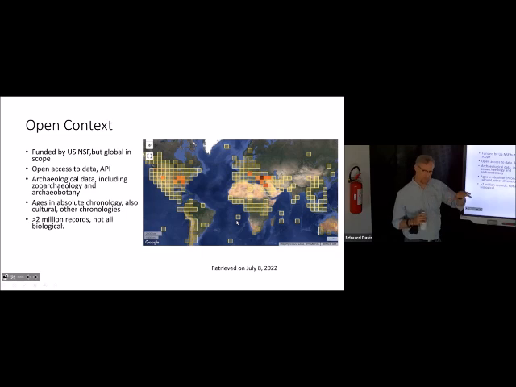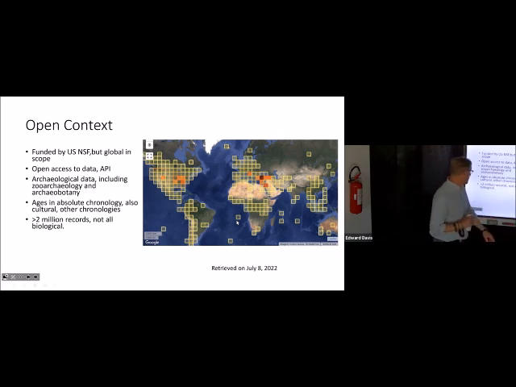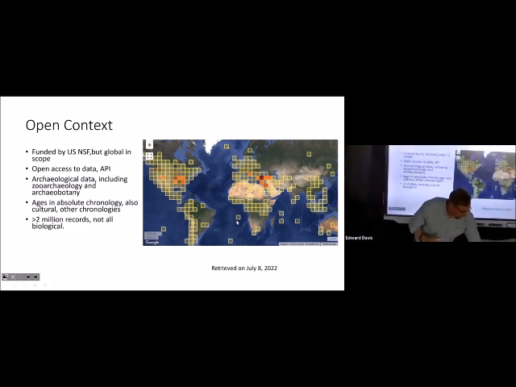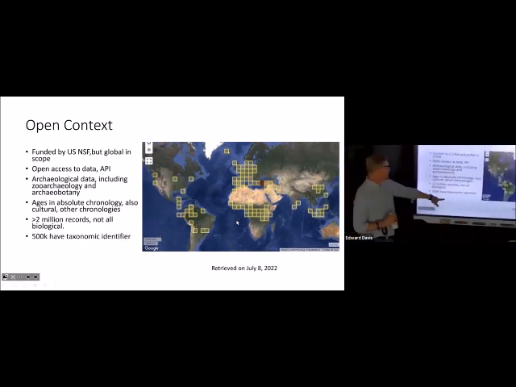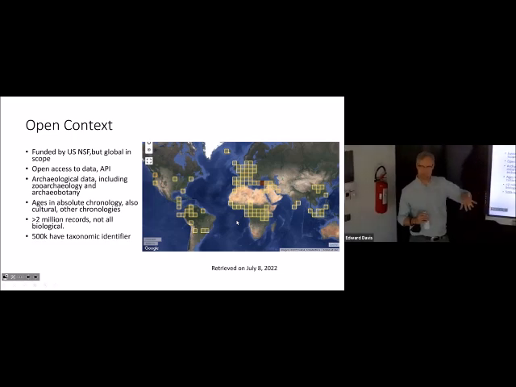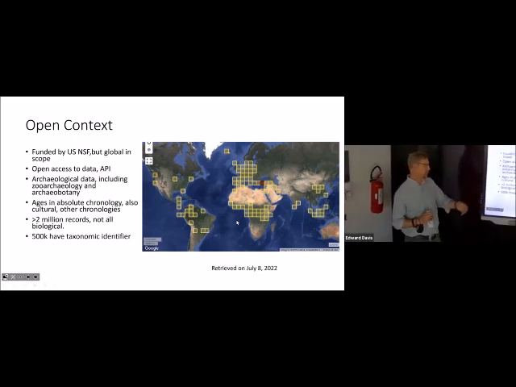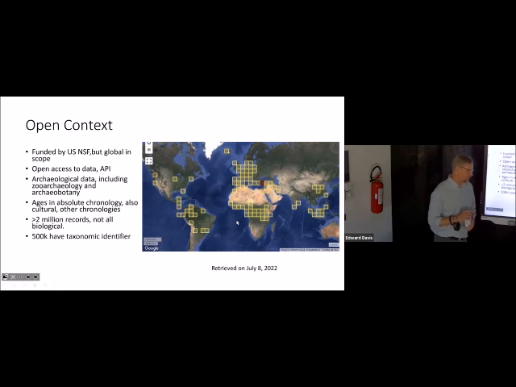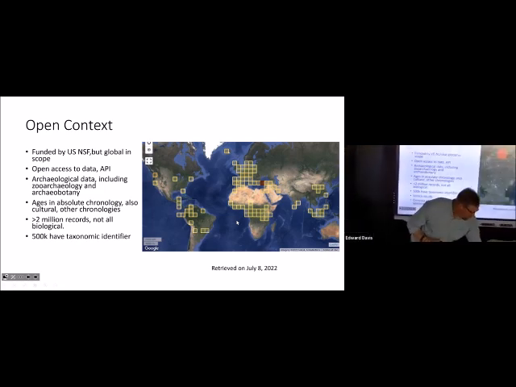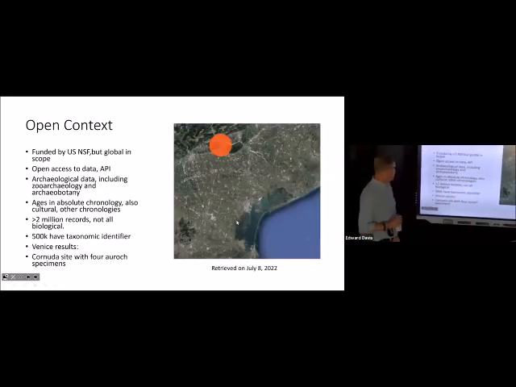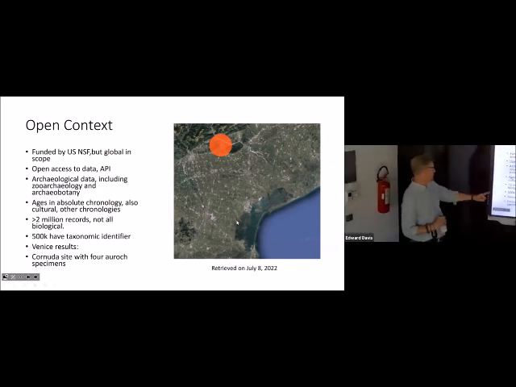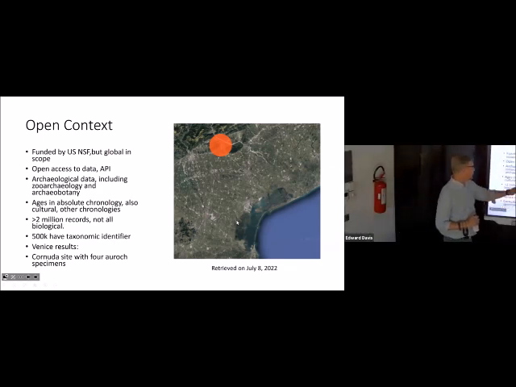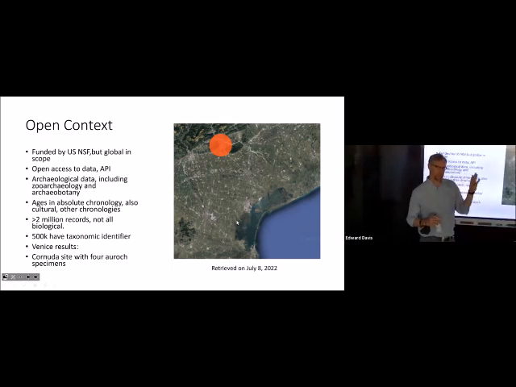Most of it is the human contextual data. And so while there's 2 million records overall, only 500,000 of them have some kind of taxonomic identification. And so our zooarchaeological or archaeobotanical data. When we look in Venice, we see only one site at Cornuda with 4 auroch specimens.